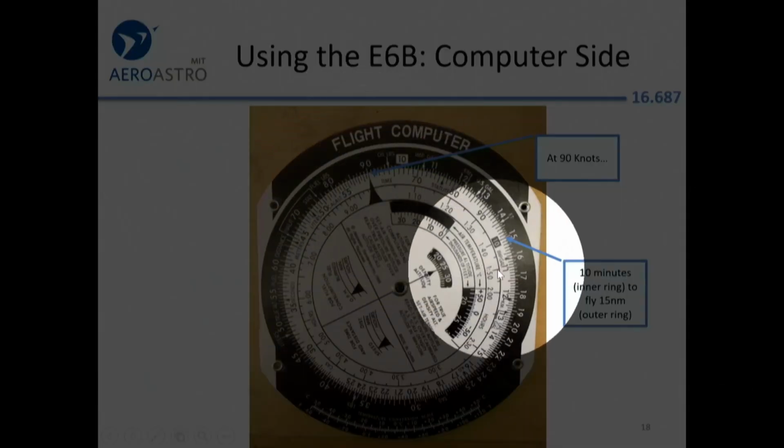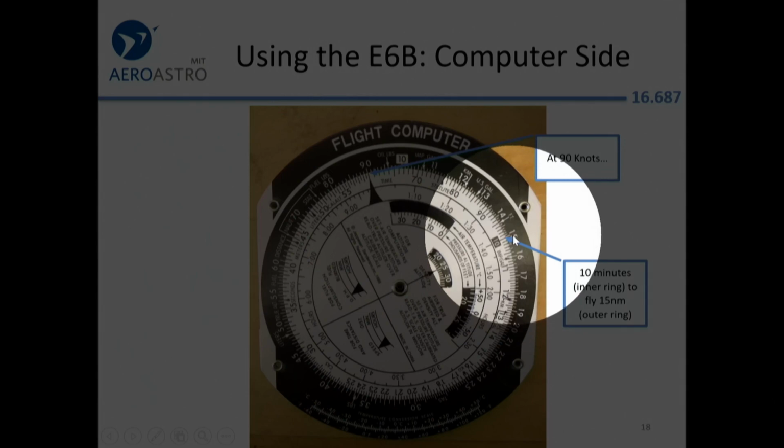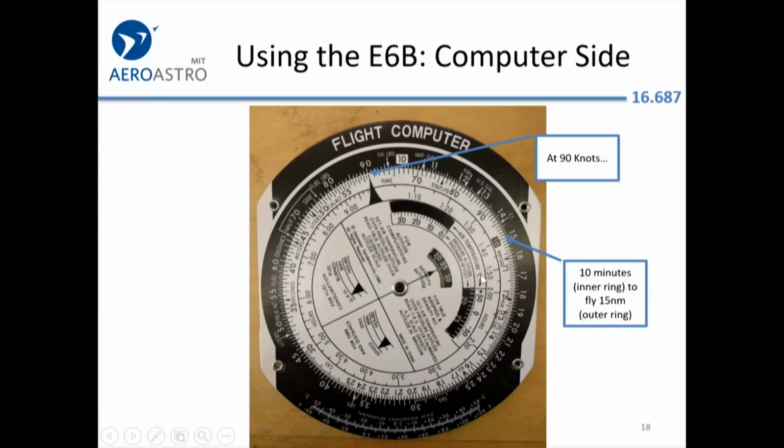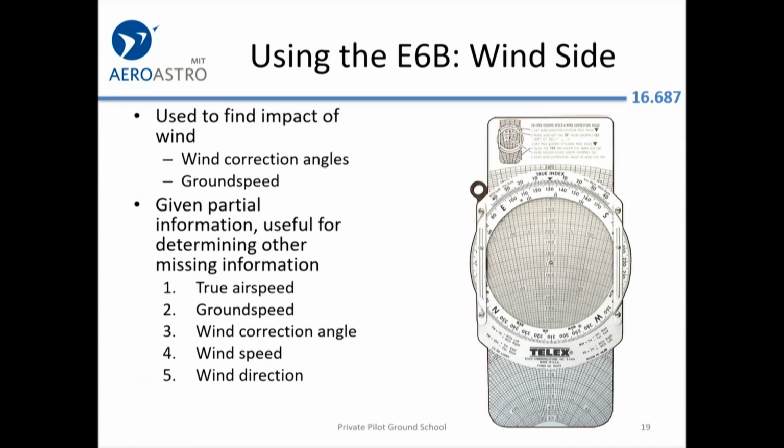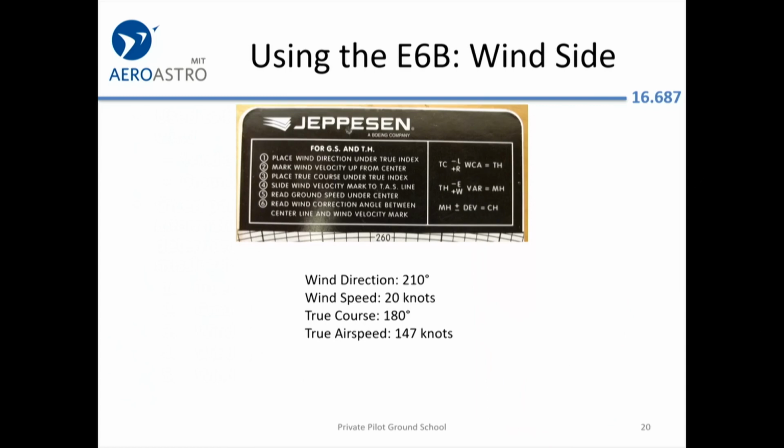If we go 90 knots, then it will take us 10 minutes to go 15 miles. Not very exciting. The wind side is more interesting. You can get your ground speed and your wind correction angle. That's the most important thing.